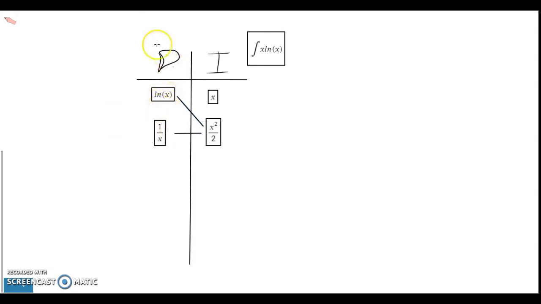So just like before, we're going to multiply the diagonal, and we need to make the second one always negative, right? Since there's no more to continue, we stop here. And then this last step going across is just going to be integration. So let's solve now. Alright, so going across, we have x squared divided by 2 multiplied by natural log of x.